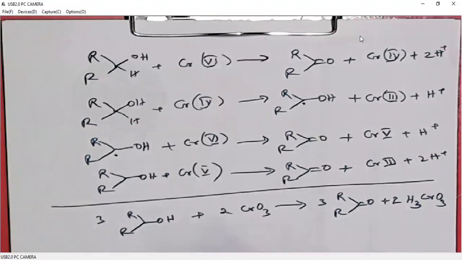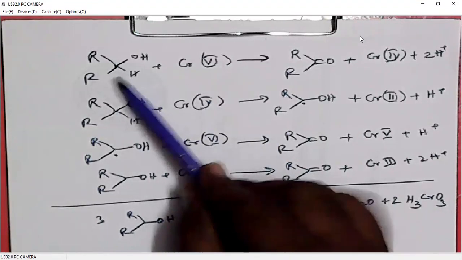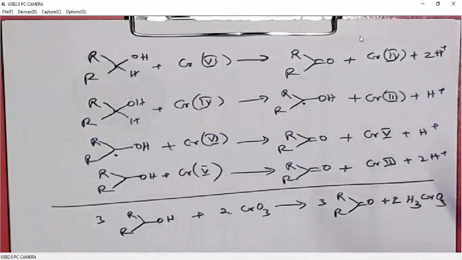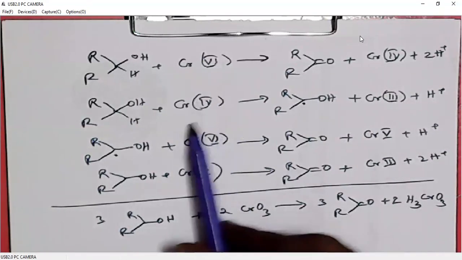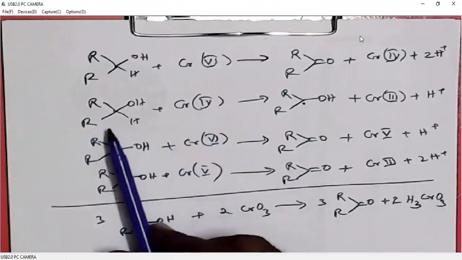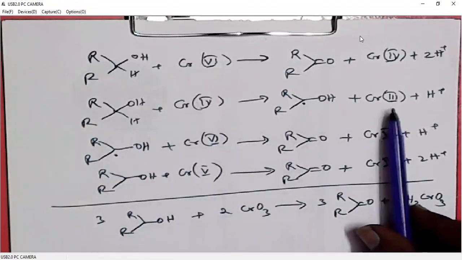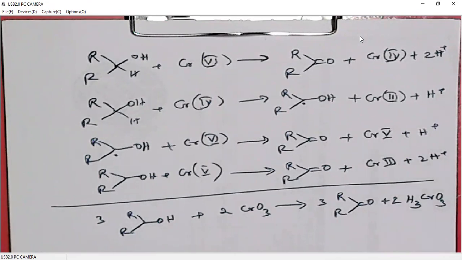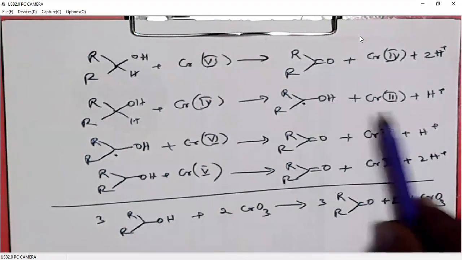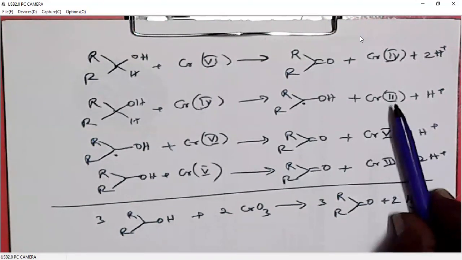So chromium 6 will oxidize 1 alcohol to carbonyl and it becomes chromium 4. And chromium 4 will take 1 electron from another alcohol and becomes chromium 3. That's it. So chromium 3 is enough. It will not be involved in the reaction anymore.